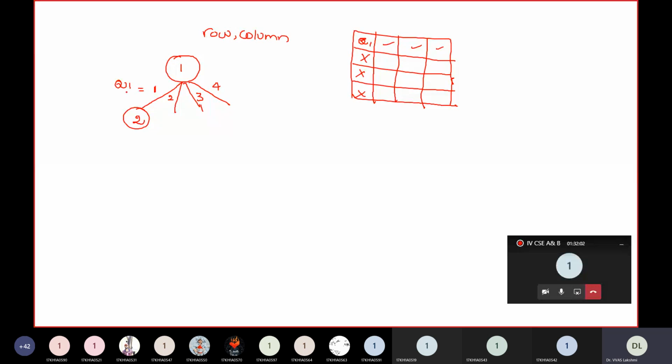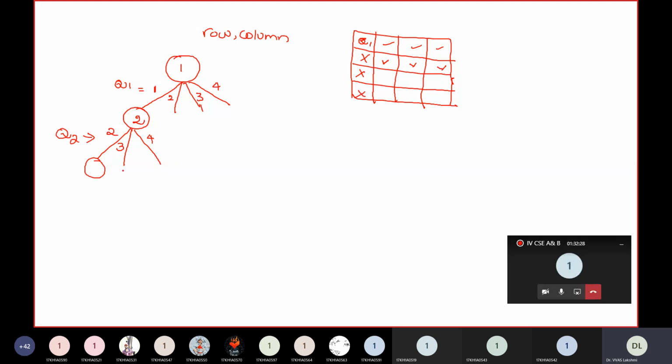So there is a chance to place queen 2 in either the second column or third column or fourth column. Only 3 possibilities are there to place queen 2. This is the level for queen 2.